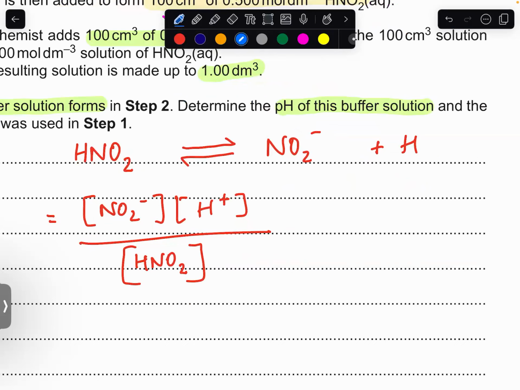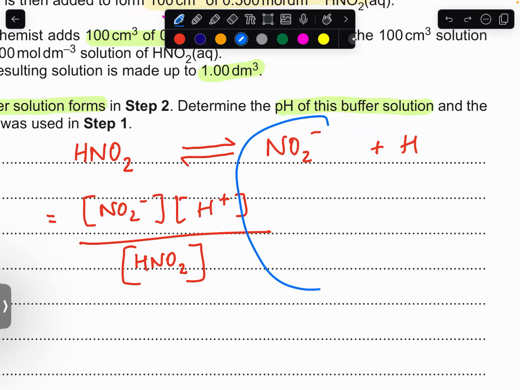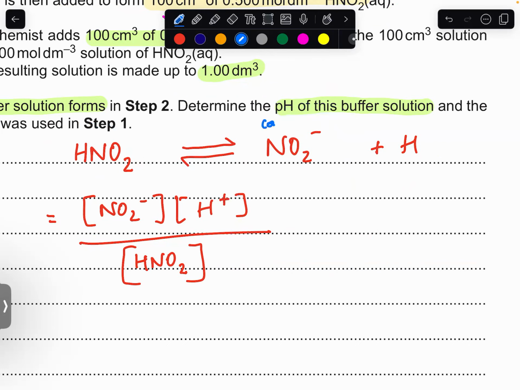You see this NO2 minus, we don't think of this as having come from here. We've actually got a large reservoir of the NO2 minus. That's why this is a conjugate base or your salt. And this is also what's going to be in your expression.